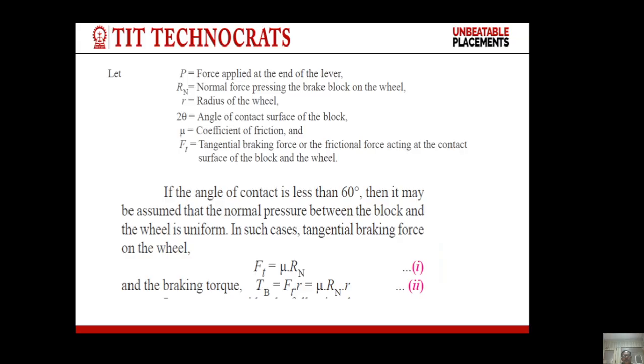Braking torque T is equal to Ft into R, that is equal to mu Rn into R. Mu is the coefficient of friction, Rn is the normal force, and R is the radius of the wheel. If the angle of contact is less than 60 degrees, then it may be assumed that the normal pressure between the block and wheel is uniform.